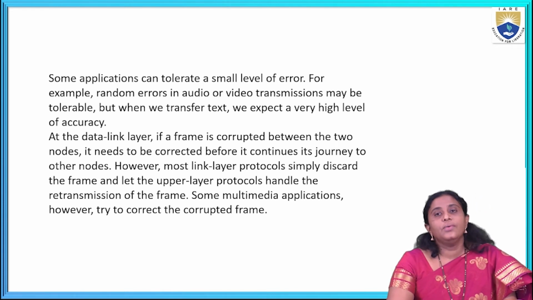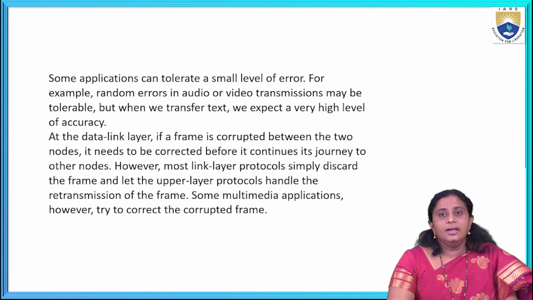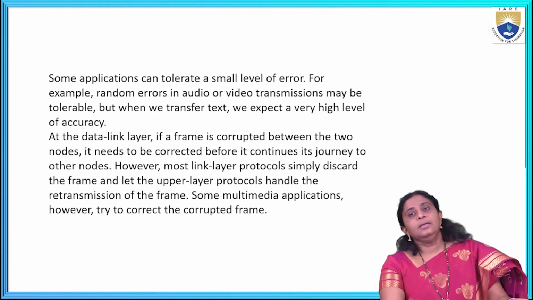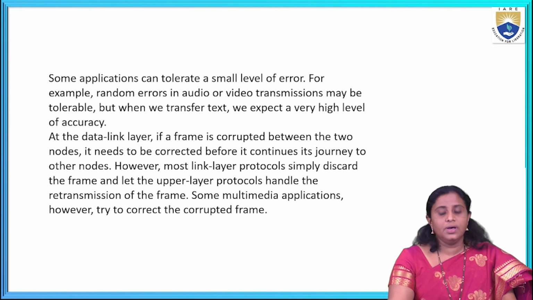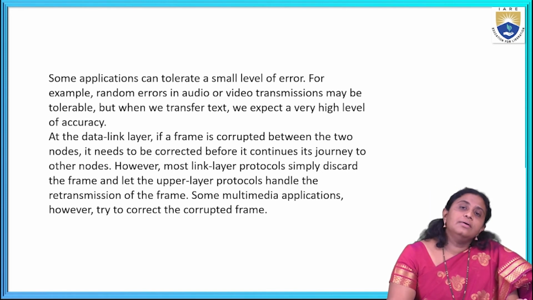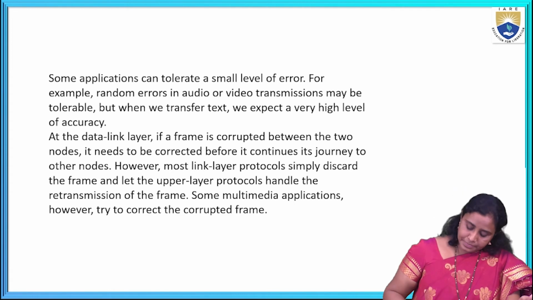However, most link layer protocols simply discard the frame and let the upper layer protocols handle the retransmission of the frames. Some multimedia applications, however, try to correct the corrupted frame.